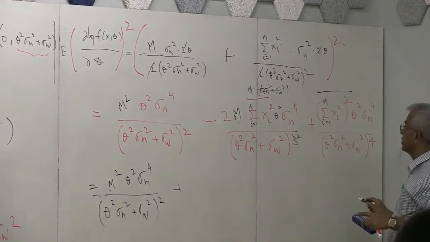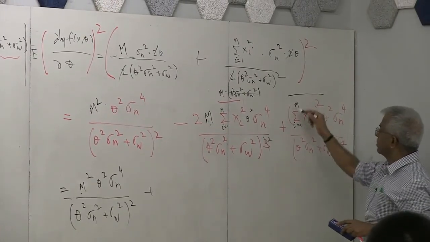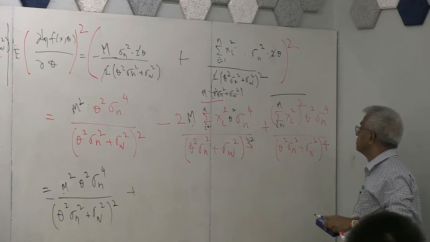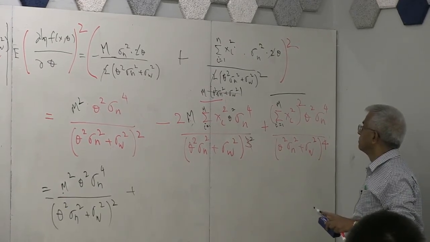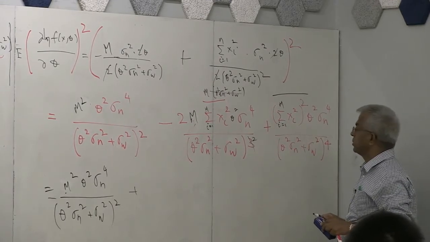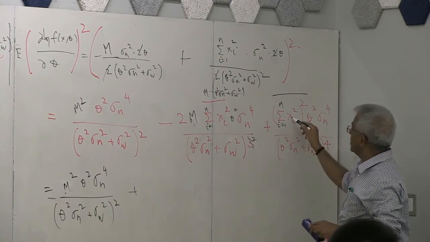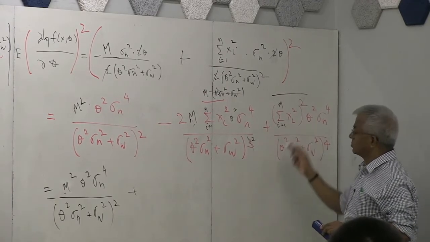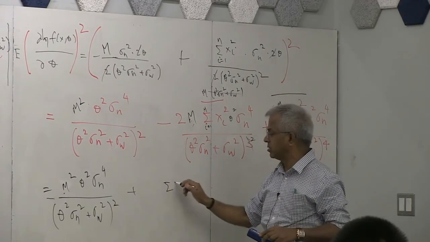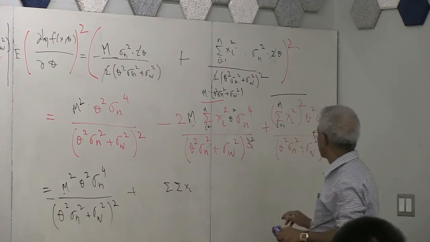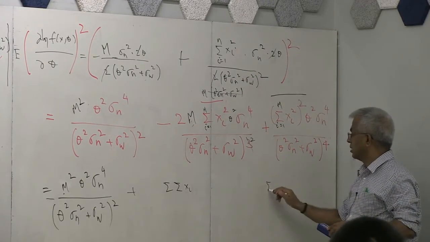Now, just the last term. Remember, sigma. Now we need to do this. This is also a bit of a mess because each xi squared is. So squaring, you can write this as a double summation of xi squared.